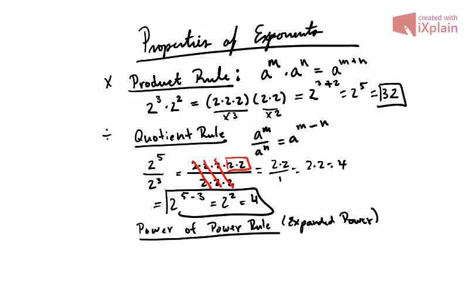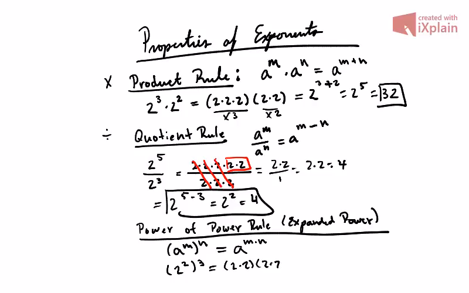Okay, basically, if I have a to the m power taken to the n power, this becomes a to the m times n. Okay, basically what I mean is if I've got 2 squared cubed, this is the same thing as 2 times 2 times 2 times 2 times 2 times 2.